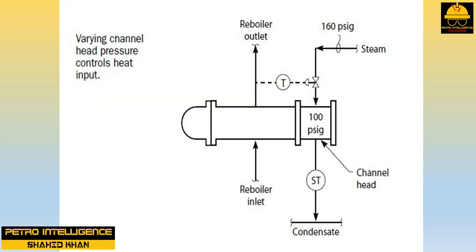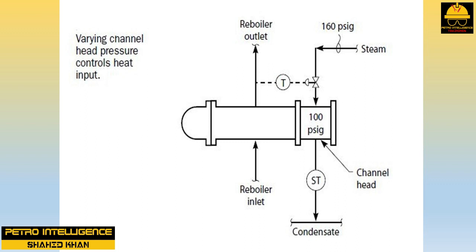In case 2, the shell side reboiler temperature rises from 240 to 280 degrees Fahrenheit. One reason for such a rise in temperature could be an increase in tower pressure. Now delta T equals 320 minus 280 degrees Fahrenheit equals 40 degrees Fahrenheit.